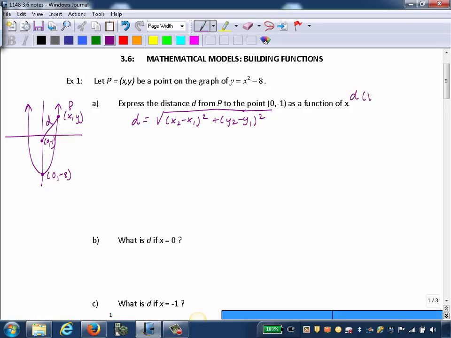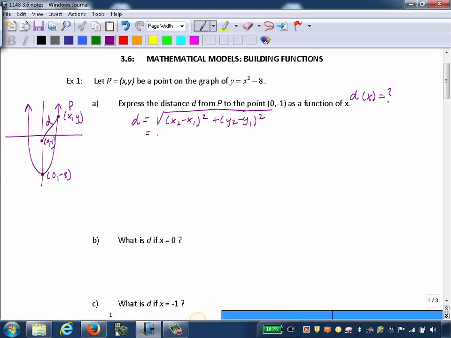So we want it to eventually be d of x. The 2 points we're going to substitute in here are the point (0, -1), that's fixed, but then this (x, y) is going to change, so we'll just put a generic (x, y) in there.